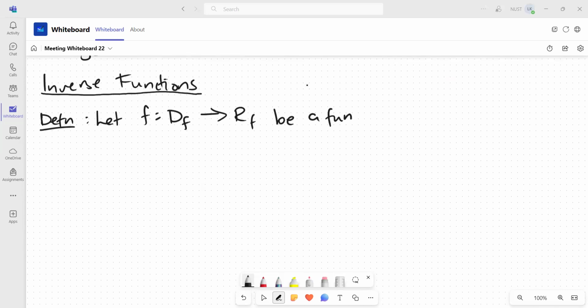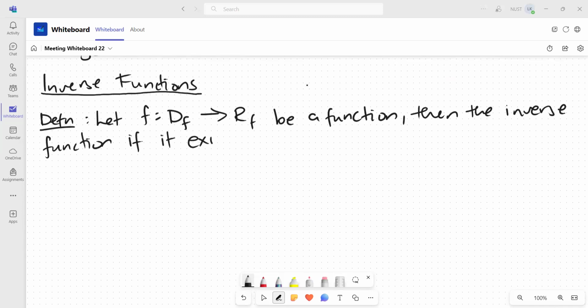Then its inverse function, if it exists. So it doesn't always exist. That means not every function has an inverse.